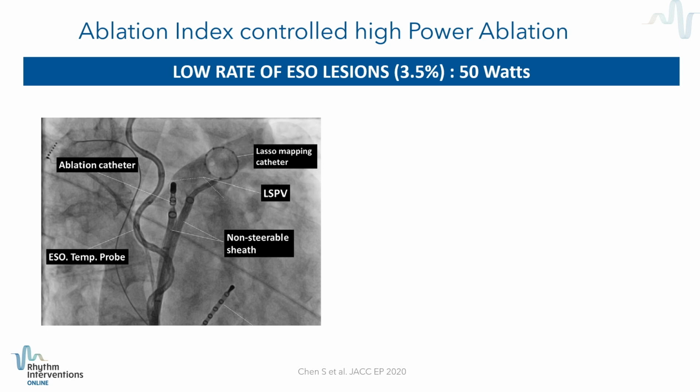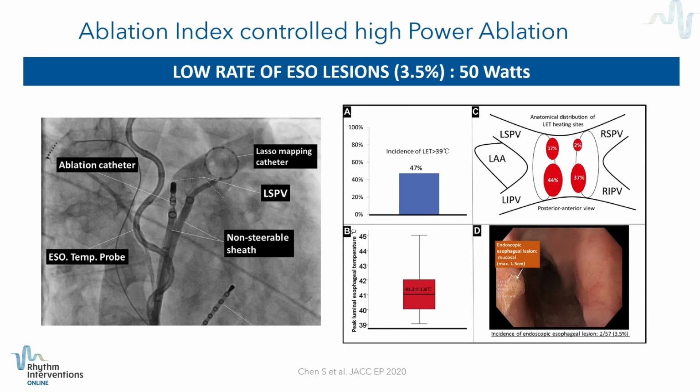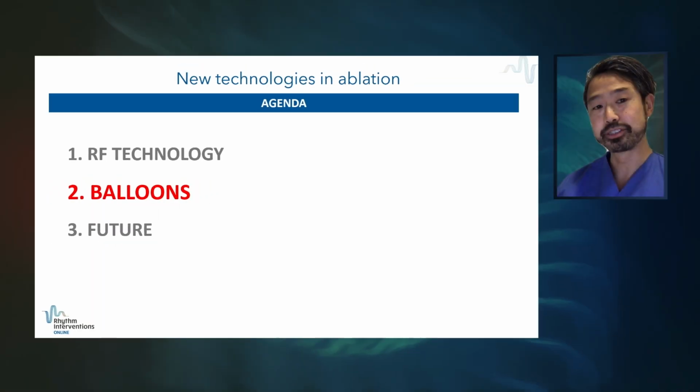But maybe the even more interesting aspect of this is in a larger series of more than 122 patients in which we did scope most of them, we found that in only 3.5% of those patients using 50 watts for a short duration at the posterior wall, a lesion in the esophagus was detected. And that was, or is at least, supporting the idea of high power and short duration from my perspective.